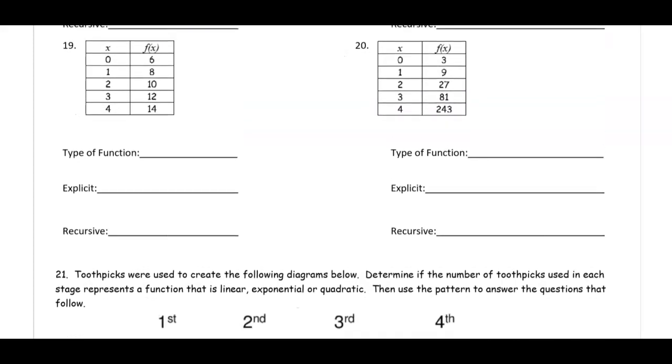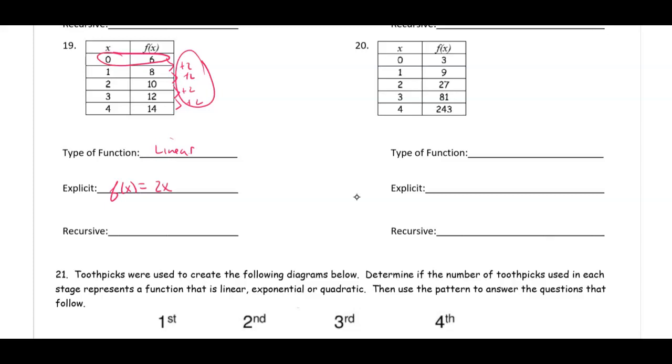Okay. The next one you should be able to recognize right away. Up 2, up 2. Therefore, this is linear because it has a first common difference. My explicit rule, since I'm given the value of y when x is 0, I know it's going to be f of x equals my rate of change, or common difference, which is 2, times x.